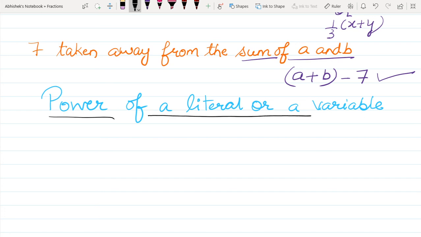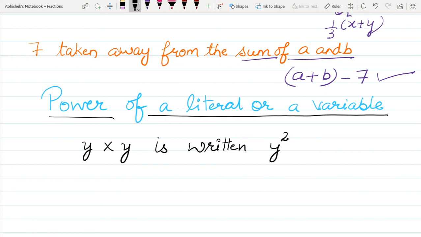Now we are going to understand what is power of a literal or a variable. Suppose we have y into y. How can we write this? y multiplied by y can be written as y raised to power 2, or you can say y squared.